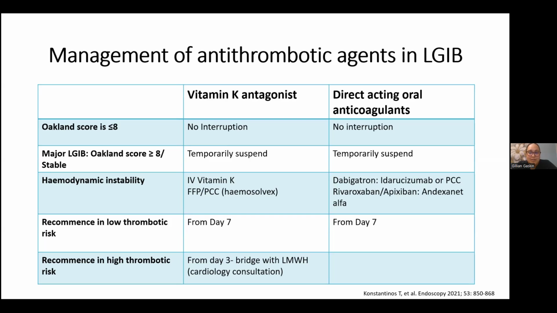Any patient that's been admitted with a major bleed, according to the Oakland score, requires an interruption in their therapy. If the patient is hemodynamically unstable, then one would need to correct the coagulopathy with IV vitamin K and prothrombin complex concentrates, which is Octaplex.